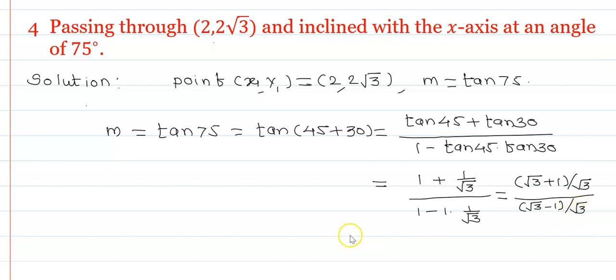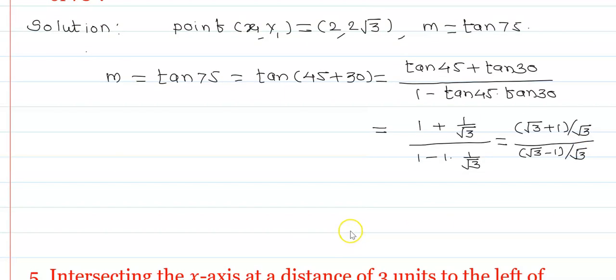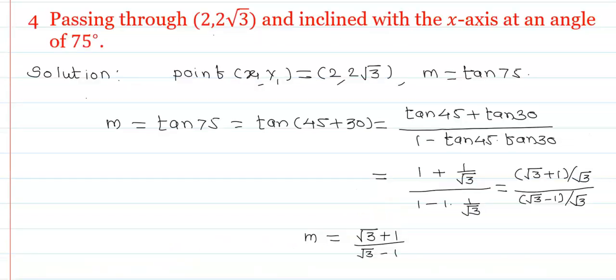Hence the slope m is equal to, this root 3 gets cancelled, root 3 plus 1 upon root 3 minus 1.